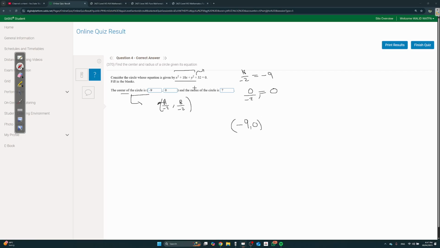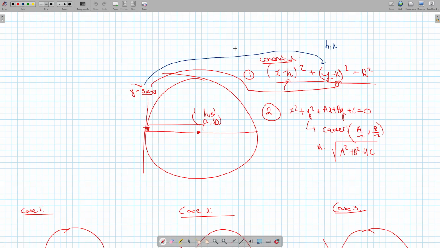Very straightforward. What's the radius? Again, remember the radius is root of a squared plus b squared minus 4c. So it's going to be root, a is the coefficient of x, so 18 squared. B is the coefficient of y, which isn't there. Please don't mistake the coefficient of y for the coefficient of y squared. They're two different terms. If you take a look here, y squared is different from y.